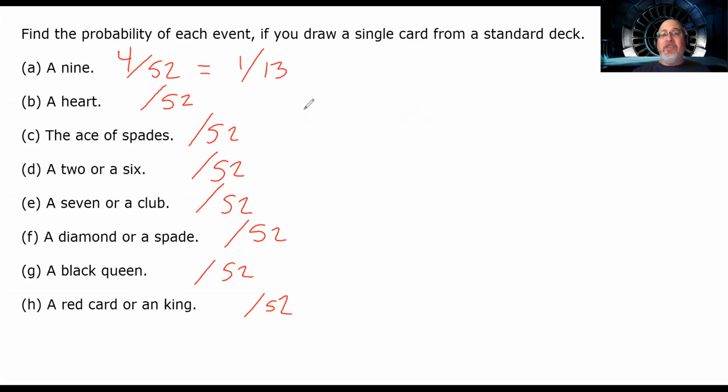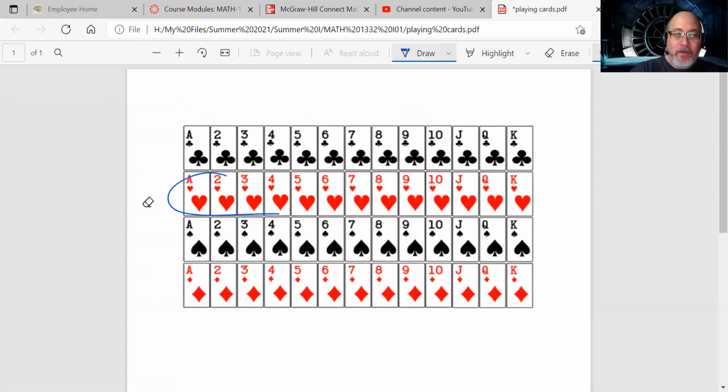What is the probability that you draw a heart? Well, if we know how many hearts there are, we put that number on the top of this fraction. How many hearts are there? Well, there's no shame in counting them if you don't know. 1, 2, 3, 4, 5, 6, 7, 8, 9, 10, 11, 12, 13. There are 13 hearts.